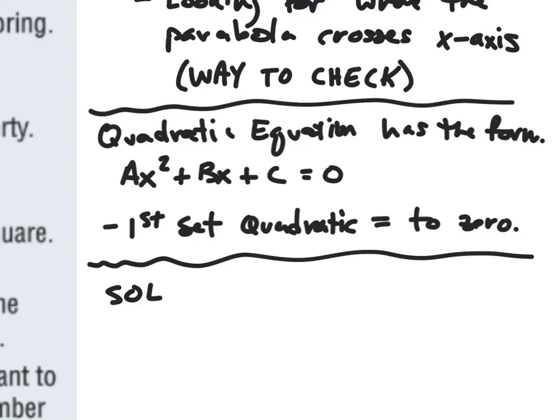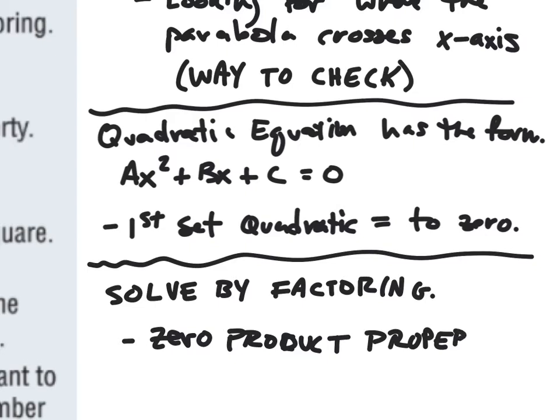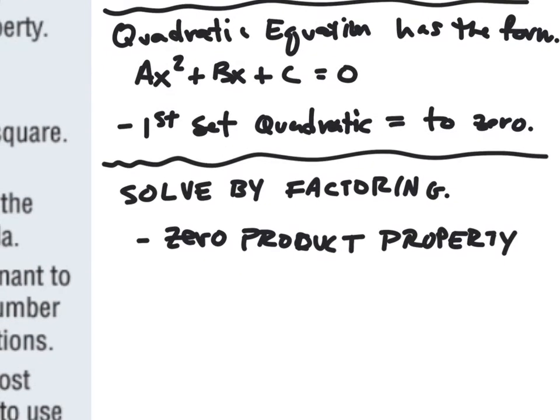Now, I first want to talk about solving by factoring, okay? And I want to use the zero product principle, the zero product property. So let's think about this. The zero product property says this.